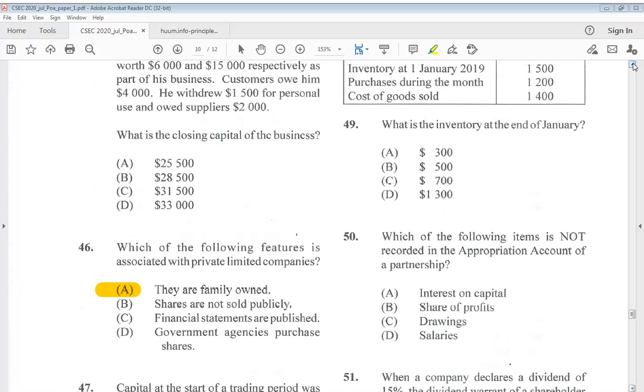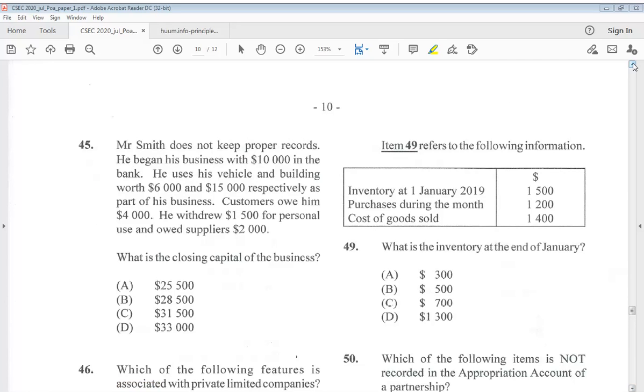Item 49 refers to the following information. Inventory at the 1st of January 2019 is 1,500. Purchases during the month, 1,200. Cost of goods sold, $1,400. What is the inventory at the end of January?